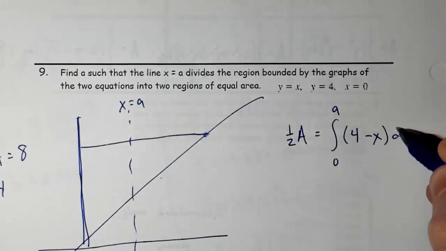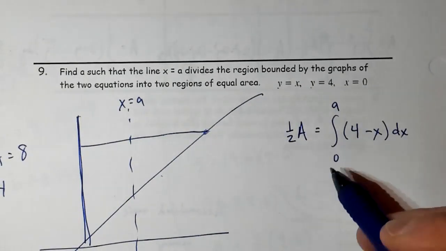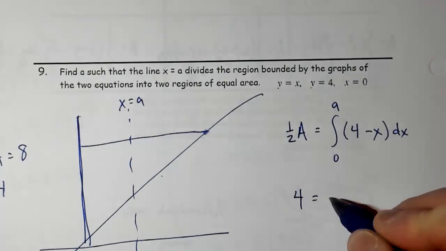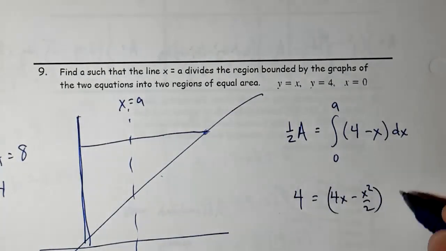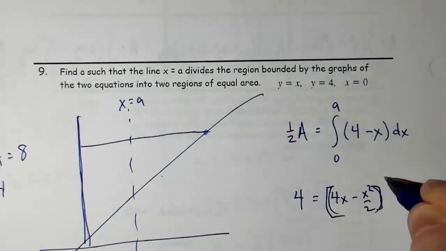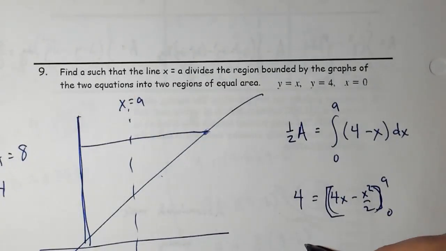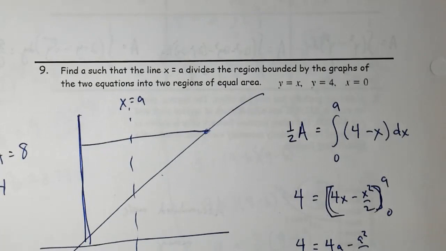I've got less than a minute here, I think. So this is going to be 4 equals 4x minus x squared over 2 from a to 0. So this is going to be 4 equals 4a minus a squared over 2. Multiply everything by 2, so I get 8 equals 8a minus a squared.